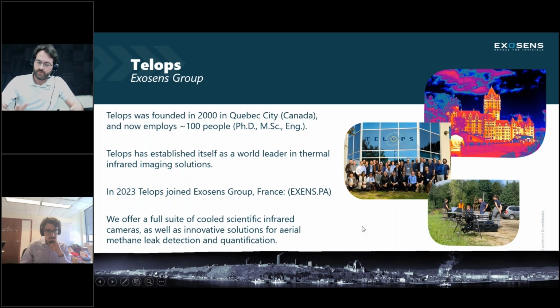We have a whole suite of scientific infrared cameras. We'll talk more about a specific branch today, but we offer everything from aerial methane leak detection to other hyperspectral systems, fast cameras, entry-level cameras. So exciting tools for anyone dealing with applications in infrared.